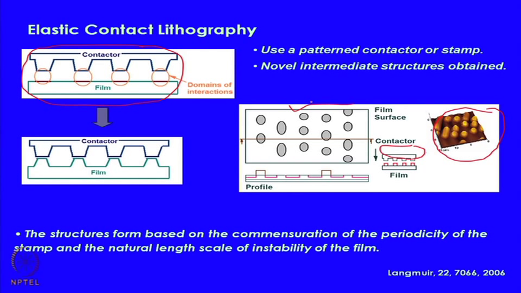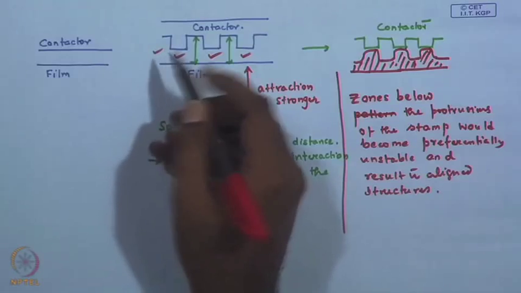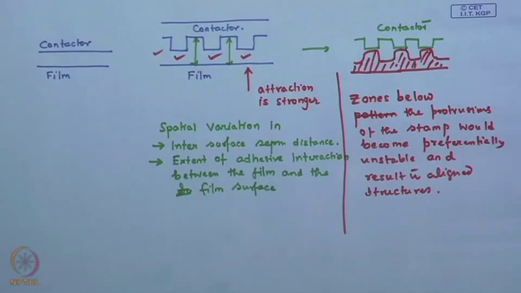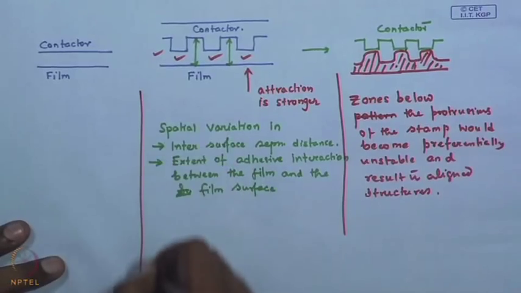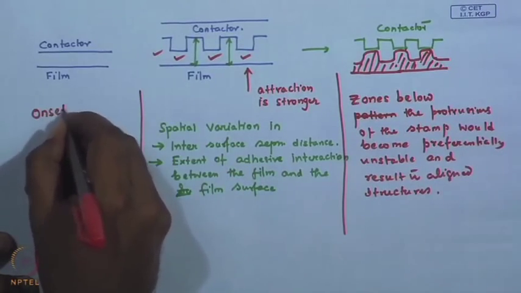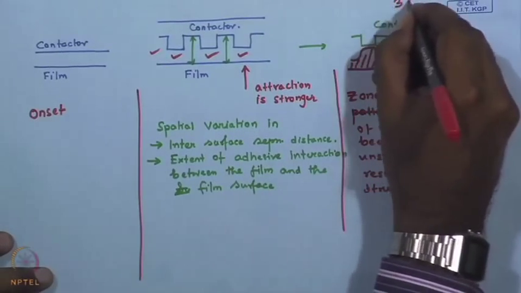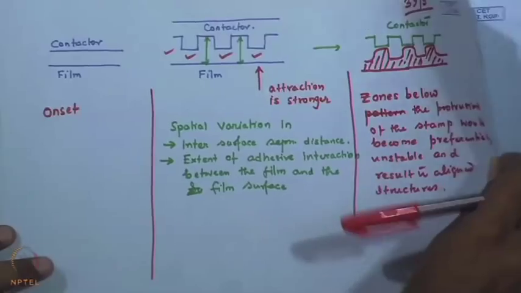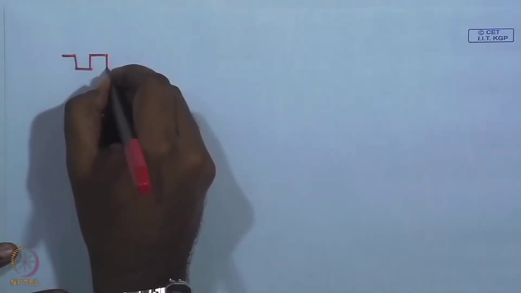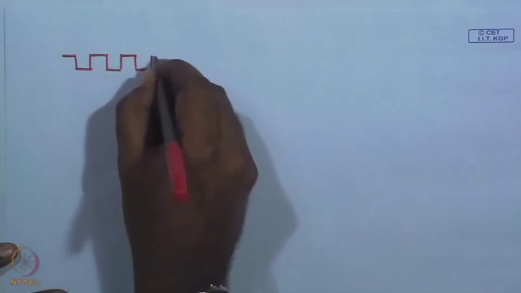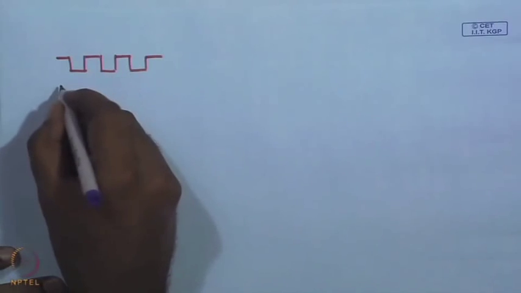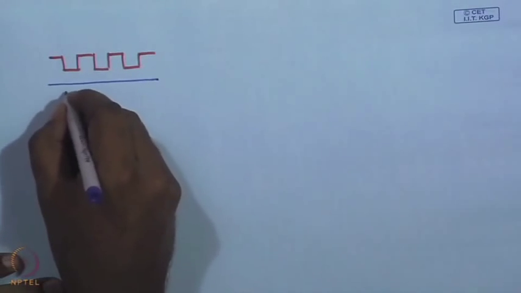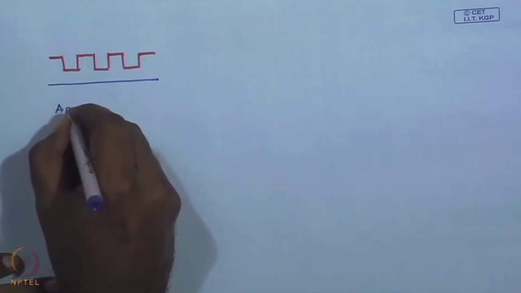Now it comes closer and below that critical separation distance, there is an active interaction between the contactor and the film surface. Okay. So, we are looking at the approach stage.